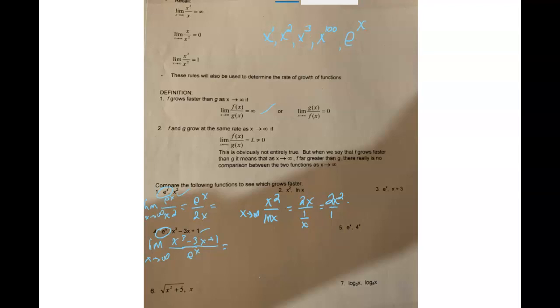As x goes to infinity, the numerator continues to grow unbounded, getting larger and larger and larger. We're just dividing by a 1. So that would tell us that this limit is infinity. That tells us the function on top is growing the fastest. In this case, it is x squared. So x squared beats the natural log of x. The poor natural log of x doesn't really beat anybody.